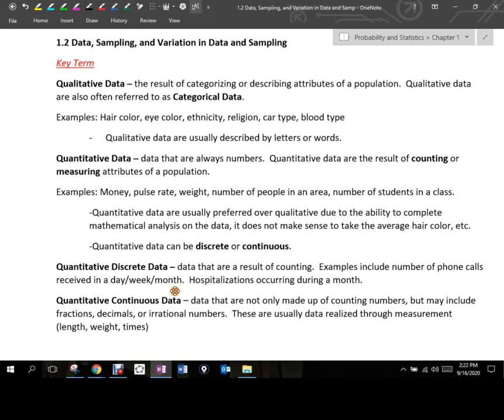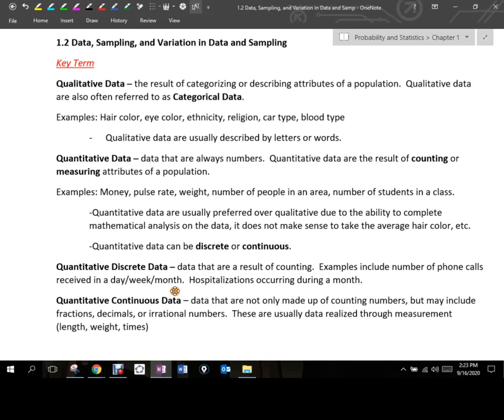So a lot of times you're going to get like 22 feet, 0.225. Does that make sense? So you get a decimal part, and that identifies that it's continuous if there's a decimal component to it. All right, does that make sense?